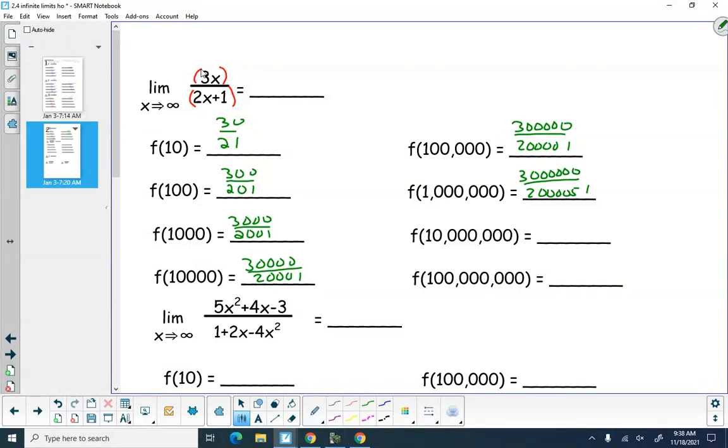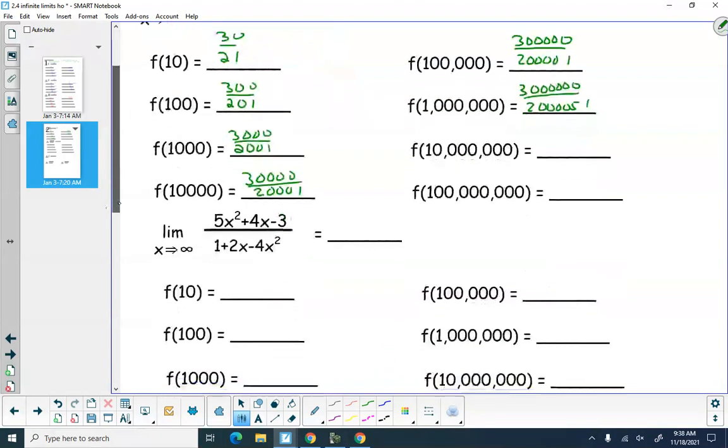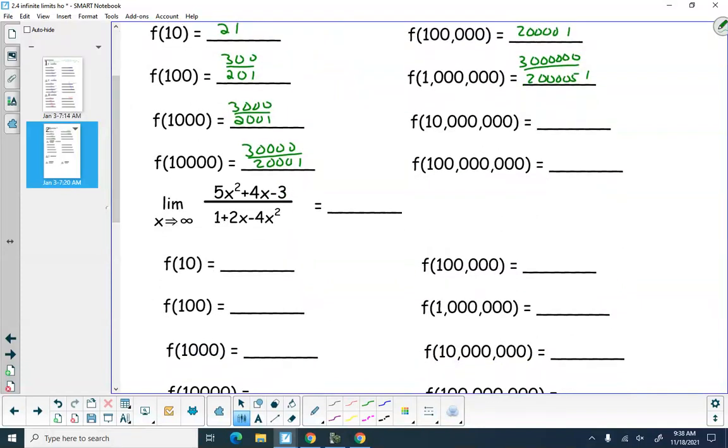What value are we getting closer to here, Preston? 1.5. We're coming down and we're getting closer and closer to 1.5, which in fractional form is 3 over 2. Quantify your top, quantify your bottom. Put that into your Y1.